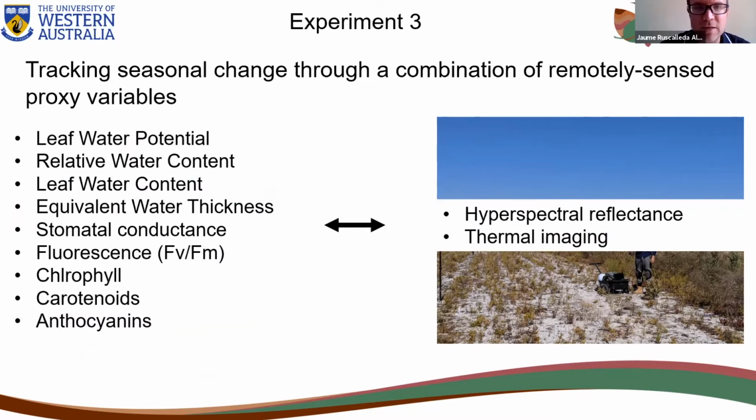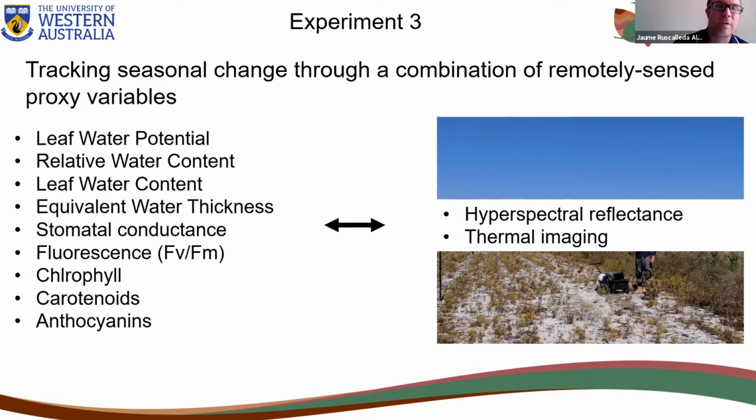So there, you can see the variables we measured on the left through the traditional ecophysiological methods, which were the same we measured in the glasshouse. And we added a couple more that are also known to be derivable through remote sensing, such as fluorescence and several pigment contents.